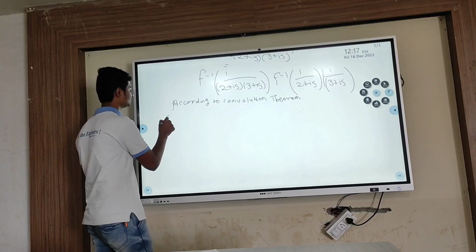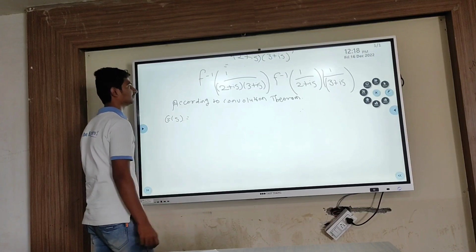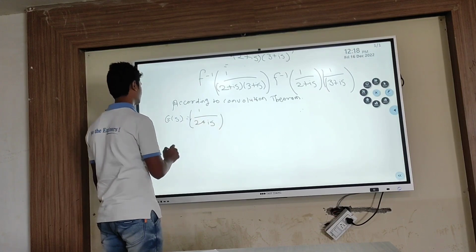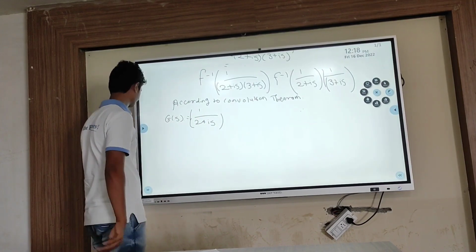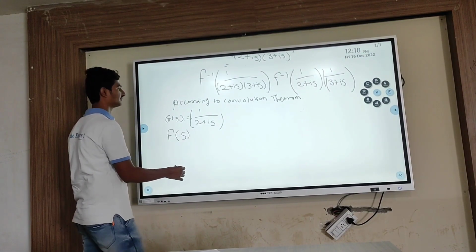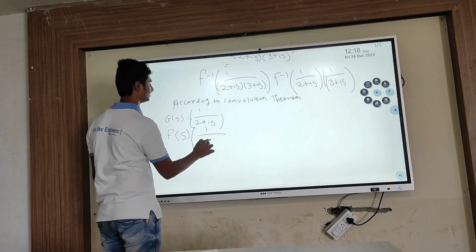So what is the g of s? G of s is 1 upon s plus 2 and f of s is 1 upon s plus 3.